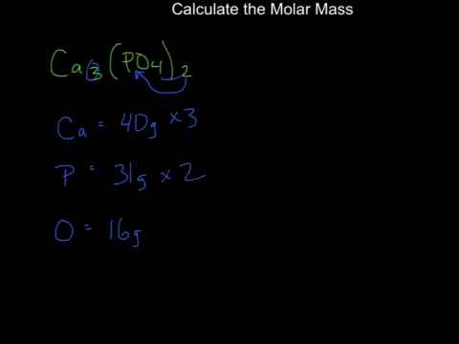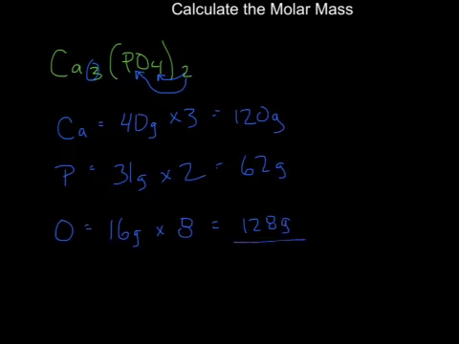Let's multiply this 2 into 4, so we have 8 oxygen. Now let's find our totals. So calcium is 120 grams, phosphorus is 62 grams, and oxygen is 128 grams. Once again, add them all up. We have 310 grams as the molar mass.